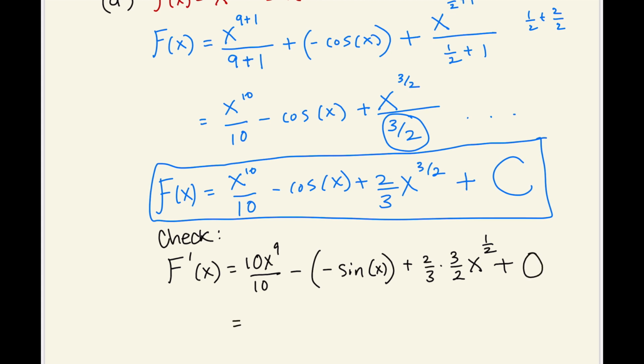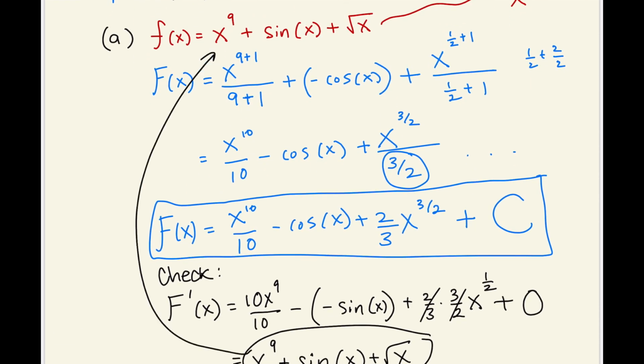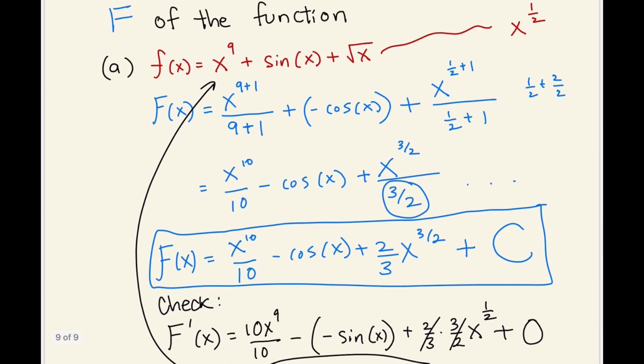So I just calculate this out, and I get x to the 9th plus sine x. These cancel, plus root x. And then I go back and check, is this the same as the original function that I had here? And it is. So I know that I'm done.